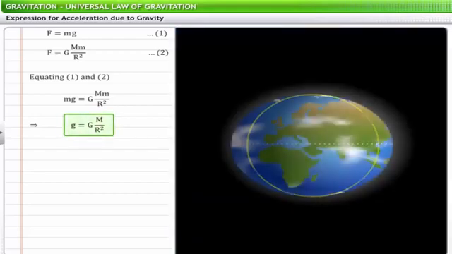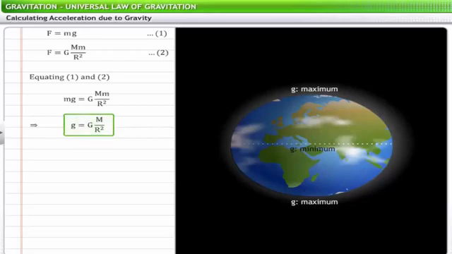Since the earth is not a perfect sphere, its radius is maximum at the equator and minimum at the poles. Hence, the acceleration due to gravity is greater at the poles than at the equator. However, this difference is negligible for bodies on Earth.